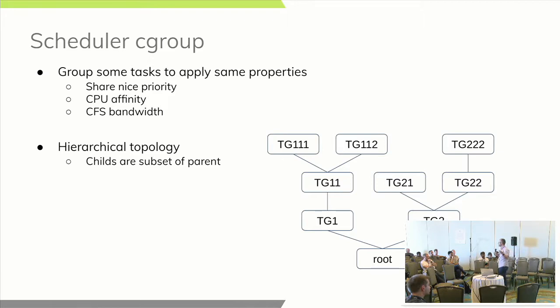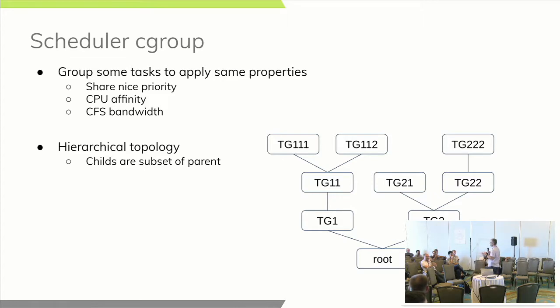That's useful when you want to, for example, you have a user which will have X number of tasks, and you don't want him to use all the CPU running time compared to another user.